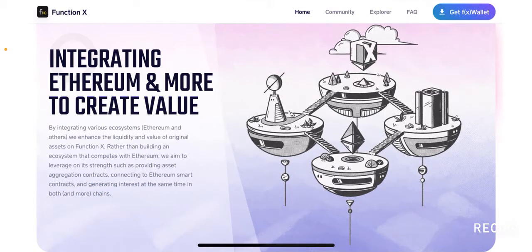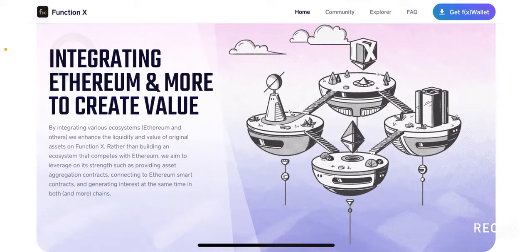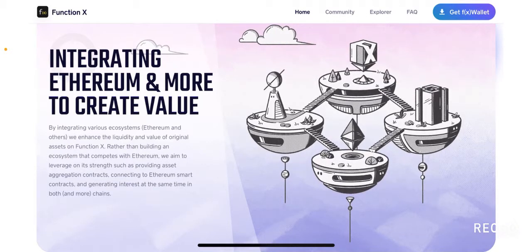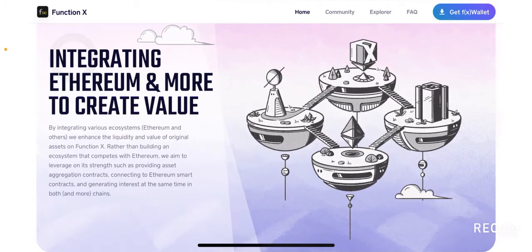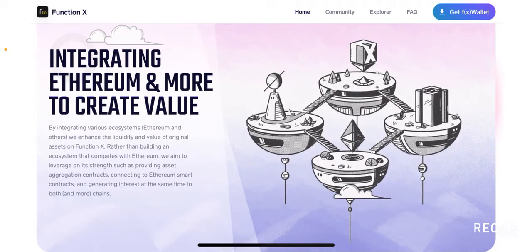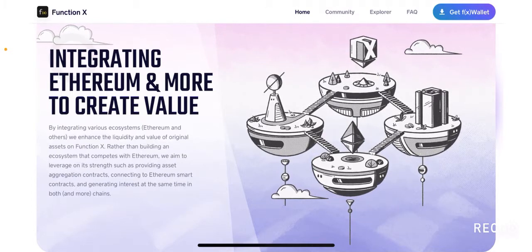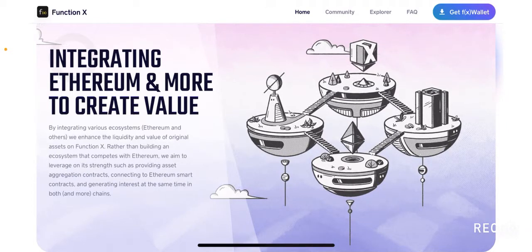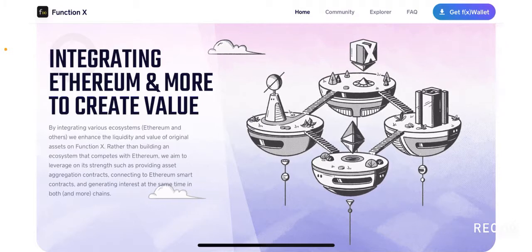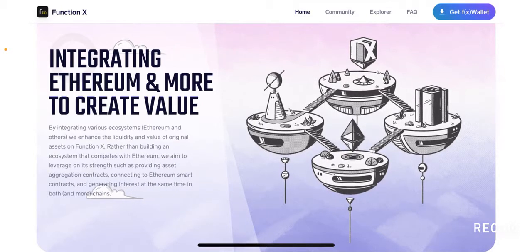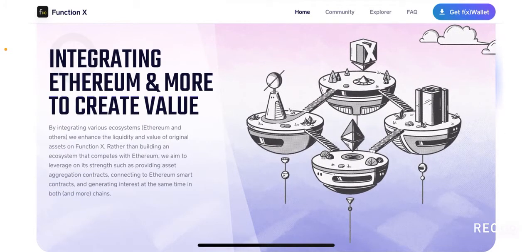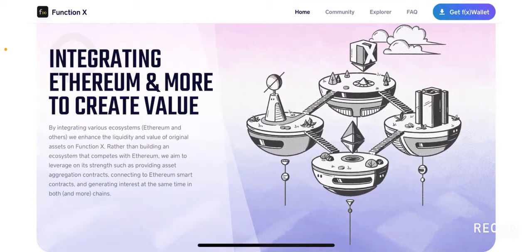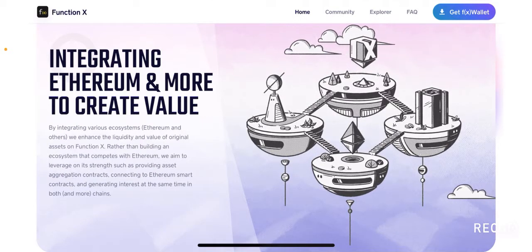So they're trying to work closely with Ethereum to give the users of FunctionX a better opportunity to not only use Ethereum's high quality state-of-the-art smart contracts and dApps, but also use Ethereum to generate interest, which is paid out in the FunctionX blockchain. And not just interest generated on Ethereum, but they're also trying to generate interest on multiple other platforms or blockchains that also have a FunctionX component to it, right?